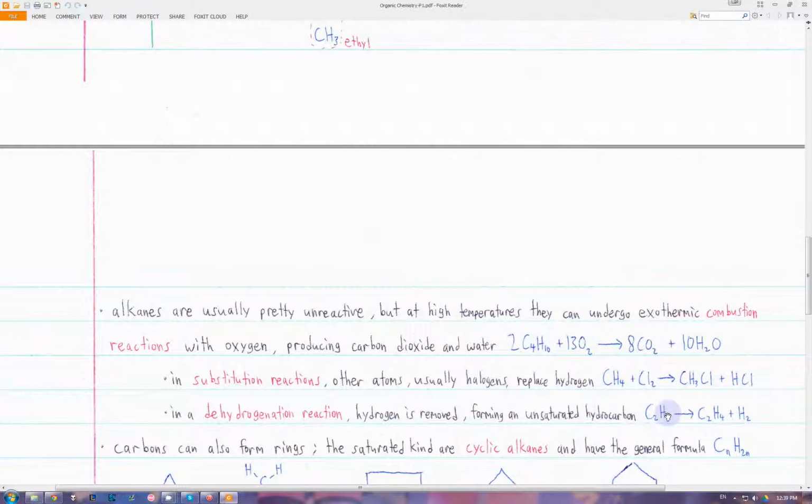So here we have ethane losing 2 hydrogen atoms. And this creates an unsaturated hydrocarbon, because in this leftover compound, the carbons have to be bonded with a double bond instead of a single bond, like we have in saturated hydrocarbons. And we'll talk more about these unsaturated compounds in a later video.